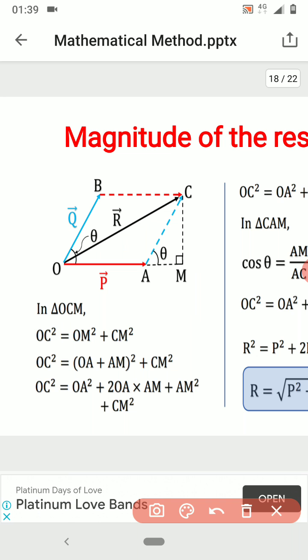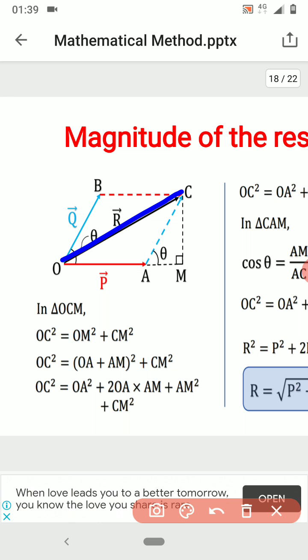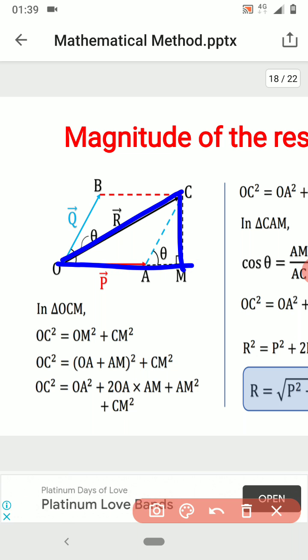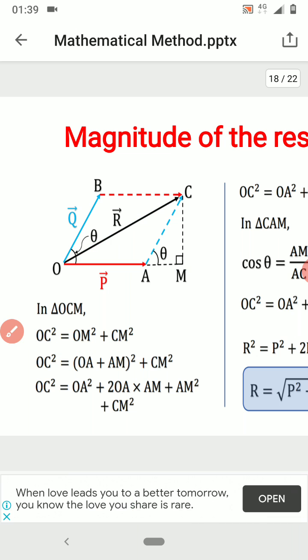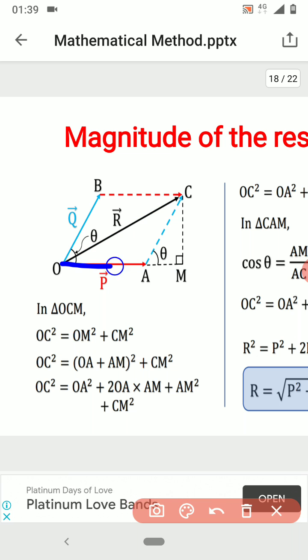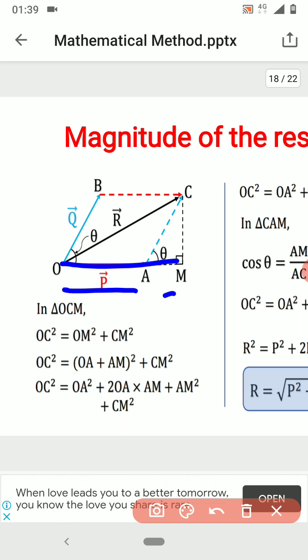Using Pythagoras theorem, you can find OC square is equal to OM square plus CM square. But you will see that OM is made up of OA and AM.